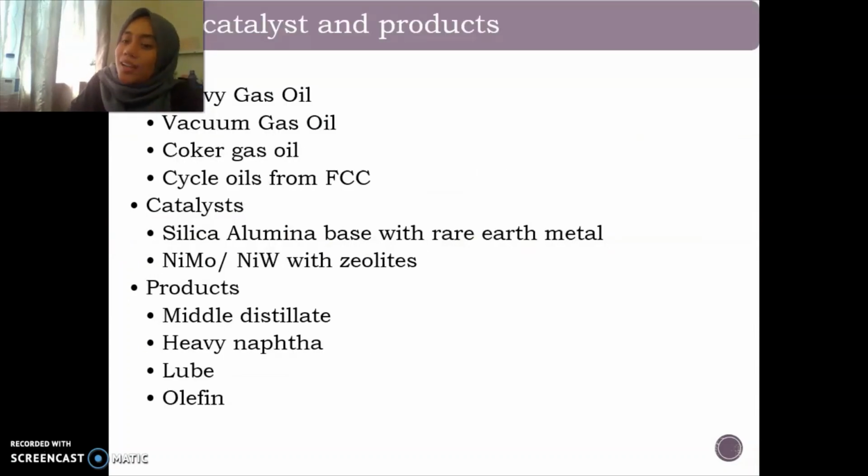Okay, so next, the feed, the catalyst, and the products of the hydrocracking.